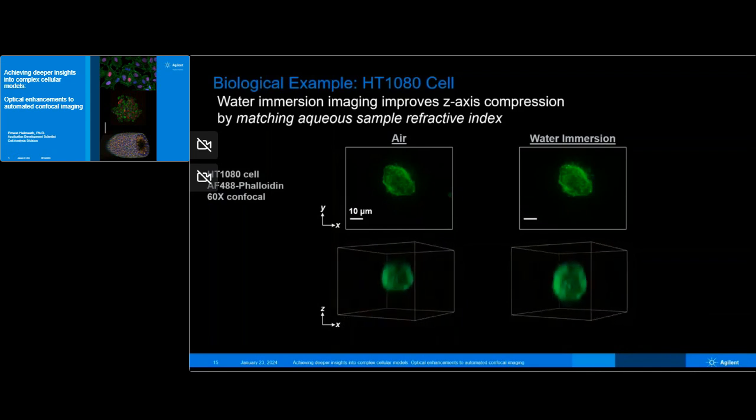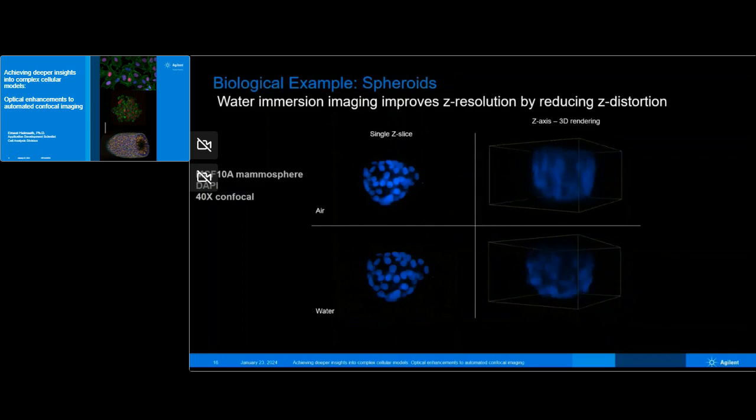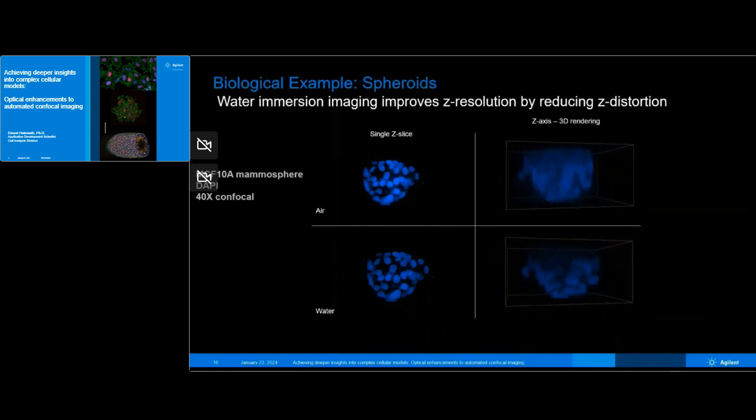So these are individual spheres, and if we scale up to a larger sample, such as these MCF10A mammospheres, what you can see is that not only is the compression addressed, but you increase Z resolution here.